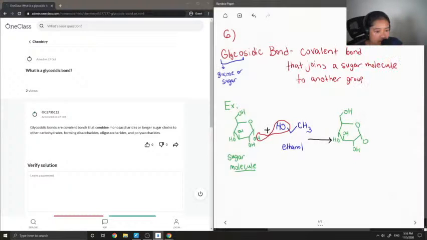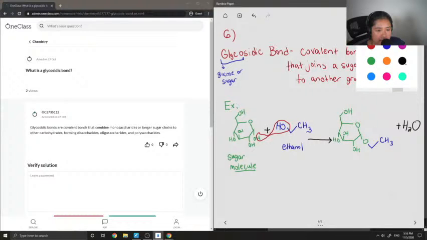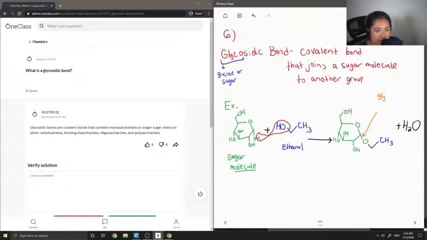And then I'm just going to draw in where the two groups came together. And I'll also be technical and add that water was also produced as a byproduct. And the glycosidic bond in particular is right there. So this is our glycosidic bond.